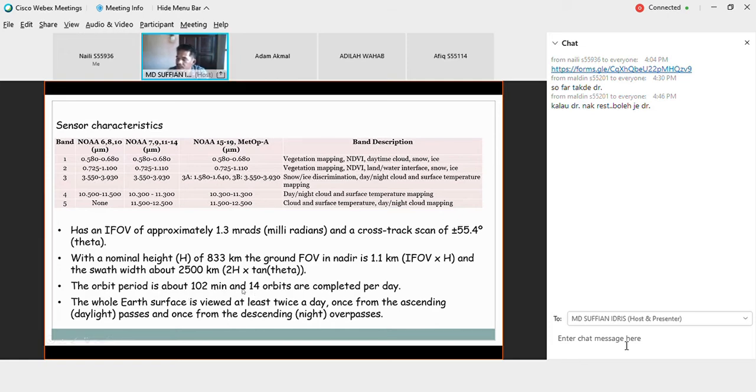Okay. So dalam masa 1 hari dia akan orbit, okay, dia akan 14 kali. Okay. 14 kali. So the whole Earth surface is viewed at least twice a day, one from the ascending, that means from North Pole to South Pole, okay, and once from descending, okay, from South Pole to North Pole.